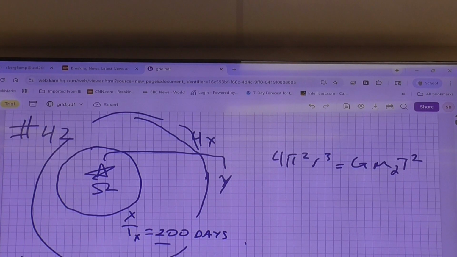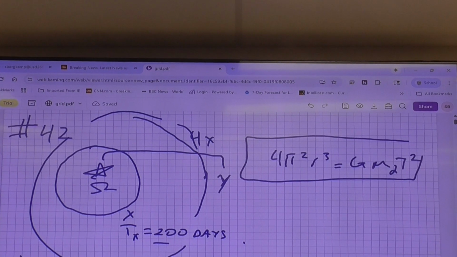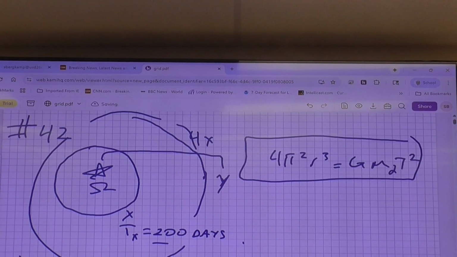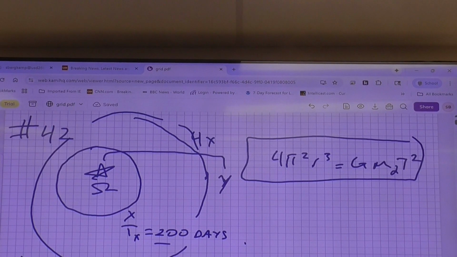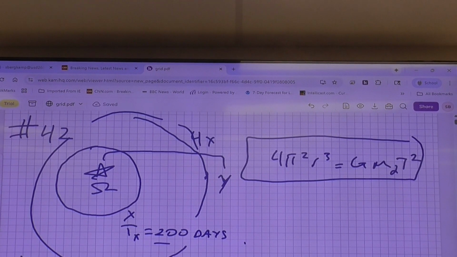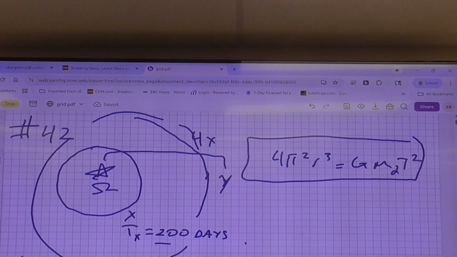So again, this equation you're going to have on the front of the test. You just have to know how to use it, right? If you're going to compare the period of these planets, you have to be able to solve this equation for radius, mass, or period.